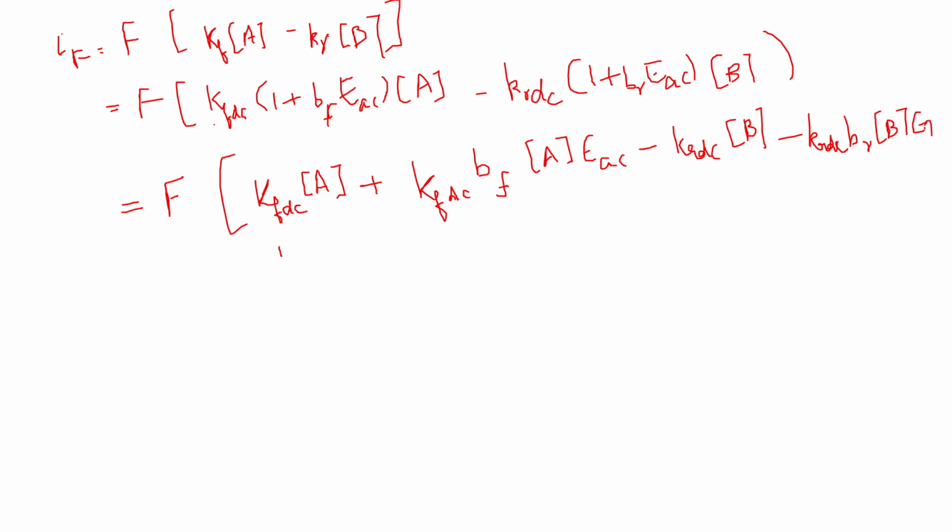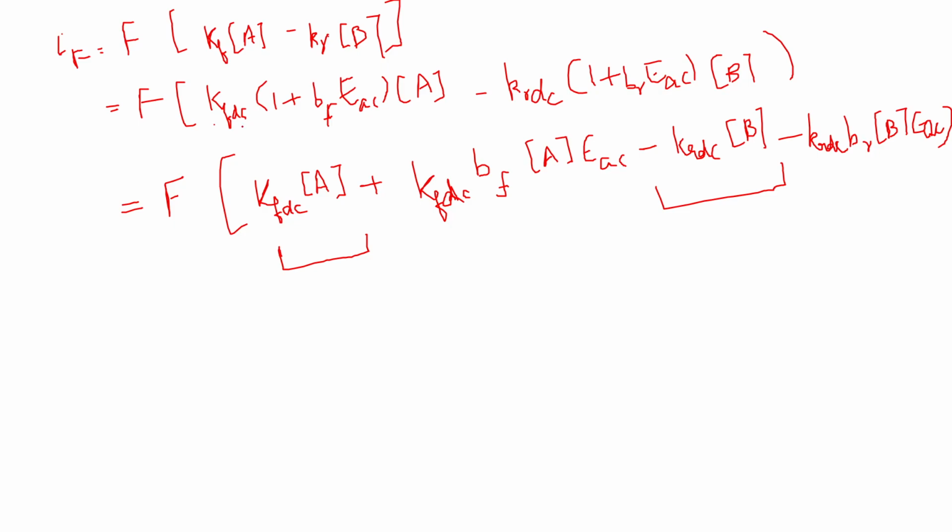Is this much clear? Now, see these terms. KFDC into A minus KRDC into B. Madam, in the second term, it is KF AC or DC? DC. The second term.